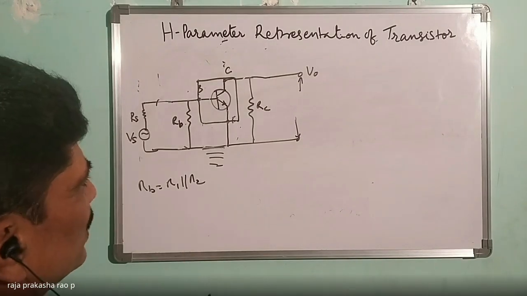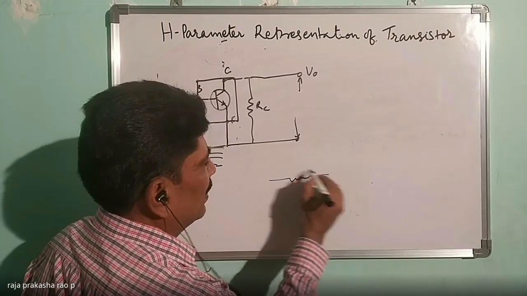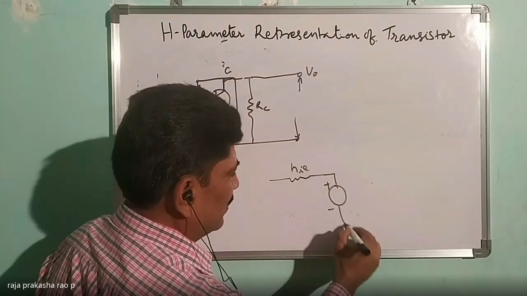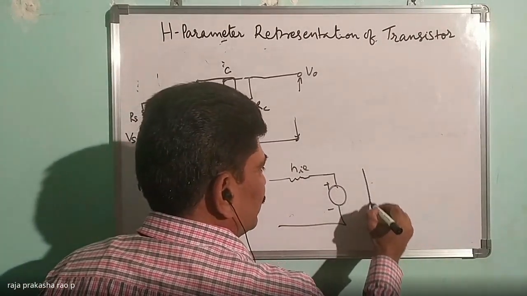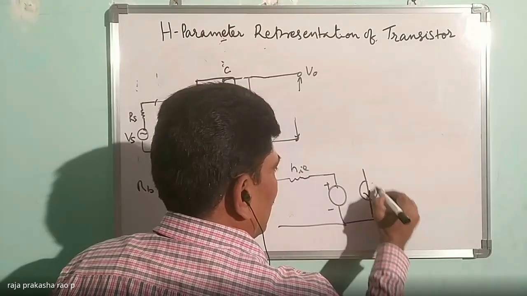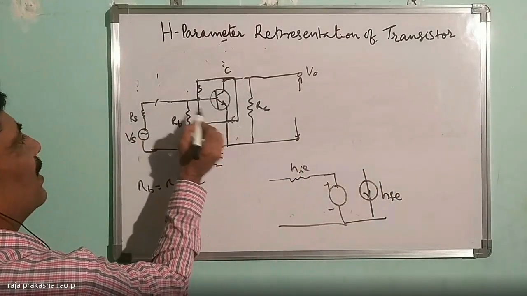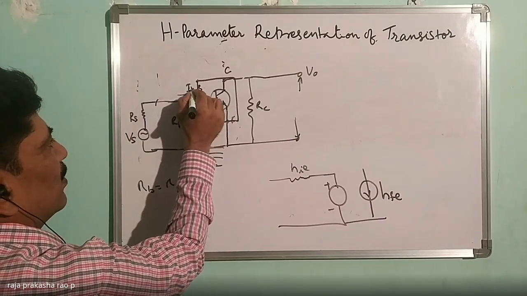For that, what is the H parameter model? The H parameter model is for that HIE and that voltage generator, and HFE IB. IB is the current, the input current to this transistor.